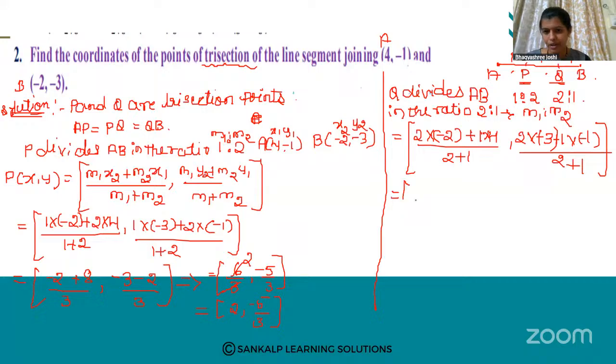Now 2 into minus 2, minus 4, plus 4, divided by 3. 2 into minus 3, minus 6. Plus 1 into minus 1, here it is plus, right? Plus into minus, minus.